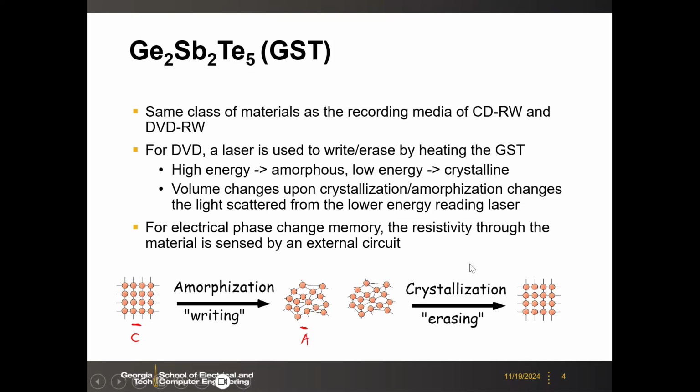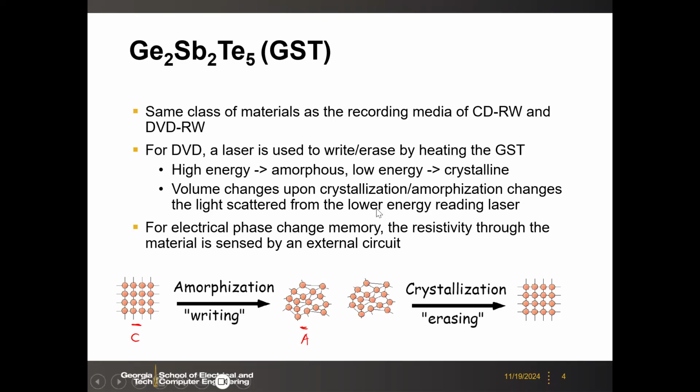Then you can also use a low power laser to gradually recrystallize the material. The difference is that you need high energy to melt it in a very short time, and if you give lower energy and a longer time, you can recover from the amorphous to the crystalline phase. In the DVD, you do this using the laser.